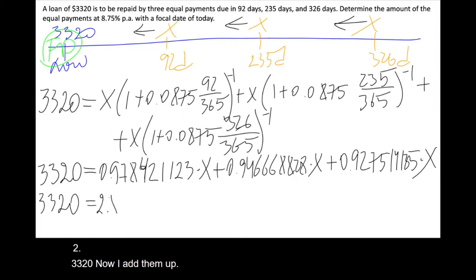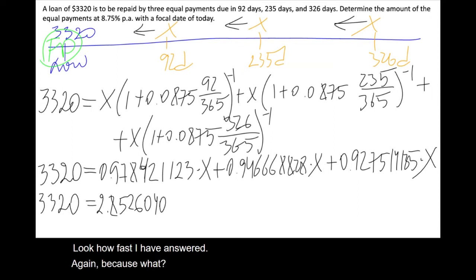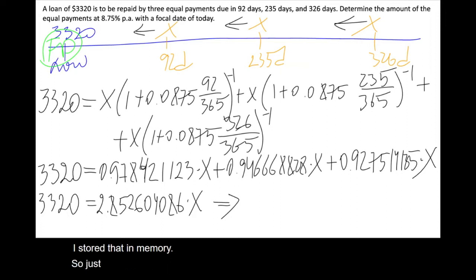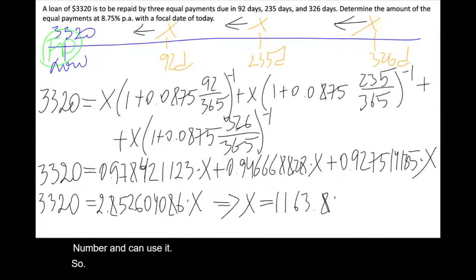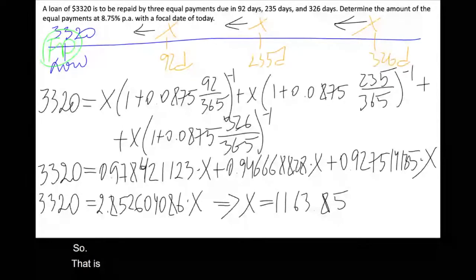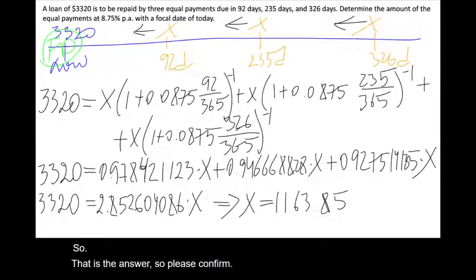Look how fast I have answered. Again, because everything I had calculated, I stored that in memory. So just pressing two buttons, I already have number and can use it. So that is the answer. So please confirm the answer.